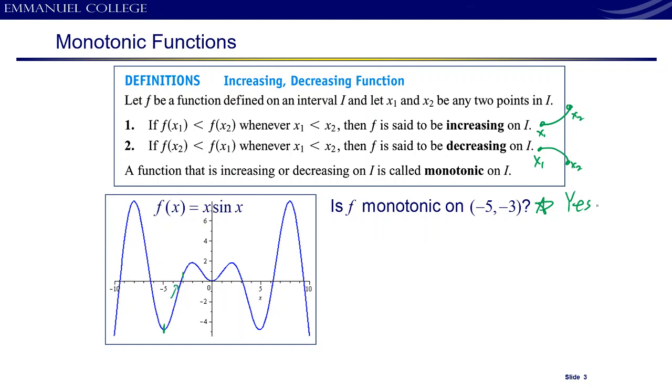It's always increasing. So we would say that function is monotonic on that interval. How about if we check from 2 to 4? So here's y equals 2, and then down here is y equals 4. I would say yes because it's always decreasing.